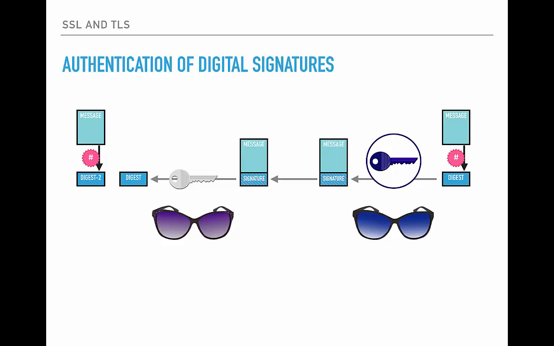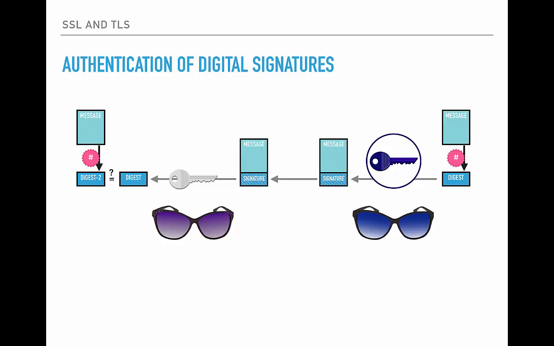If the same cryptographic hash function is applied to the same message, the same digest will result. Therefore, she simply compares the digest she generated with the digest that she obtained from decrypting Mr. Blue's signature.